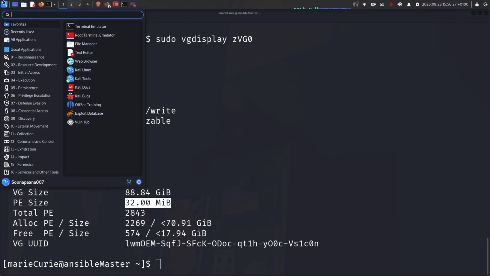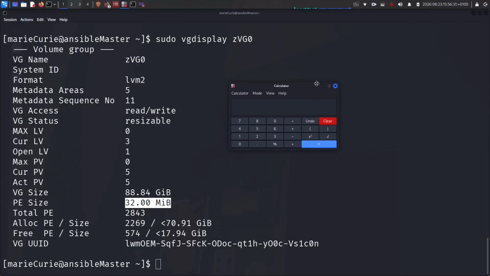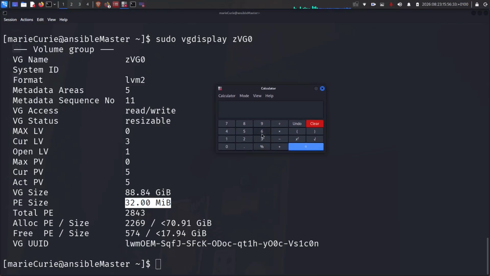So, calculator. I am going to remove 7 GB, so 7 times 1024, it will be 7168, divided by 32, which is the default PE size.